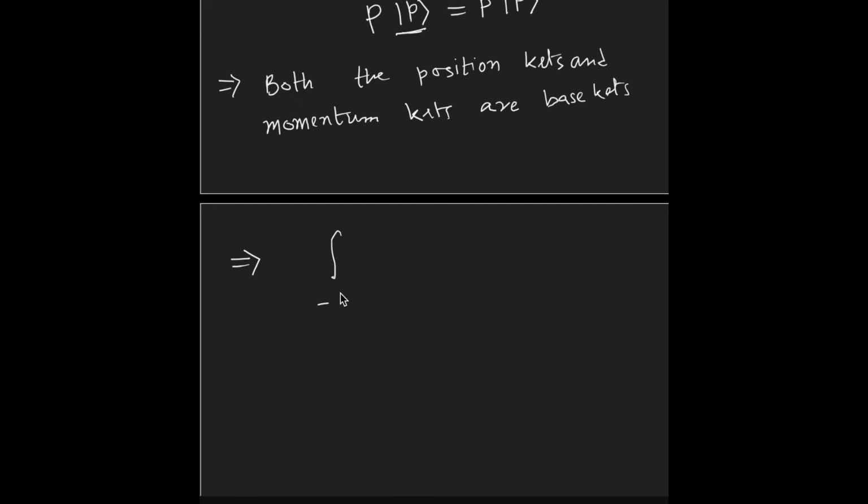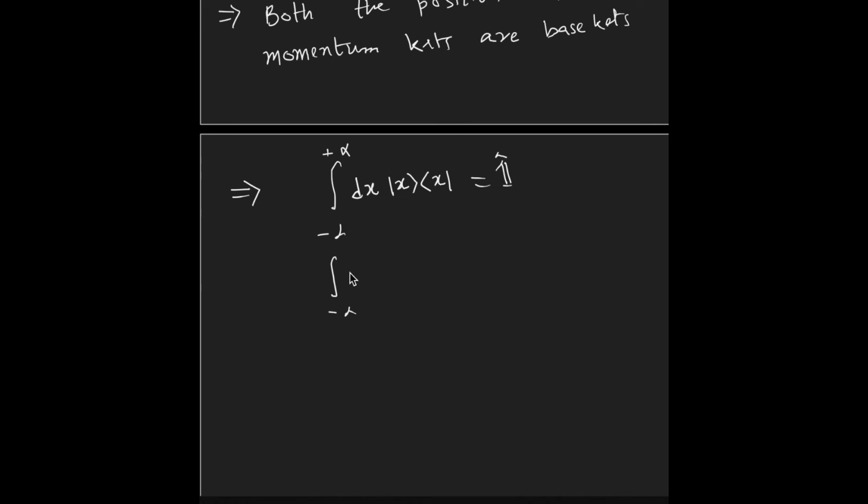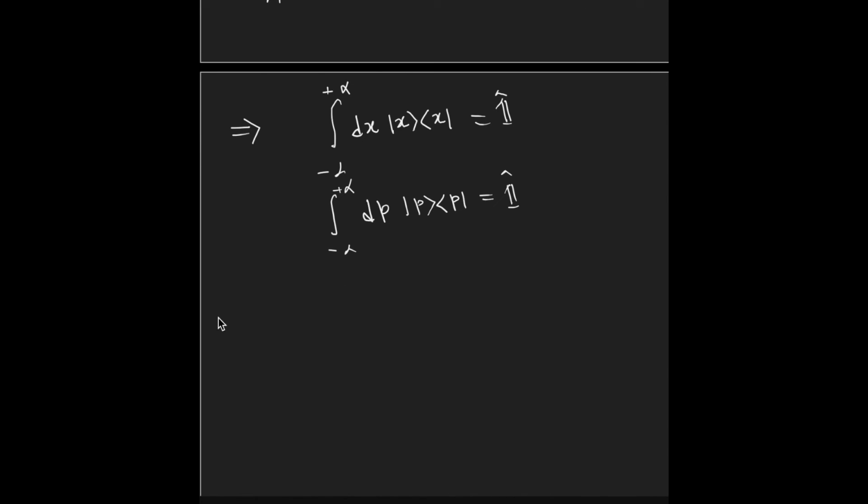That means the integral from minus infinity to plus infinity of dx |x><x| will be identity, and the integral from minus infinity to plus infinity of dp |p><p| is identity. Now we can represent any state vectors in position.